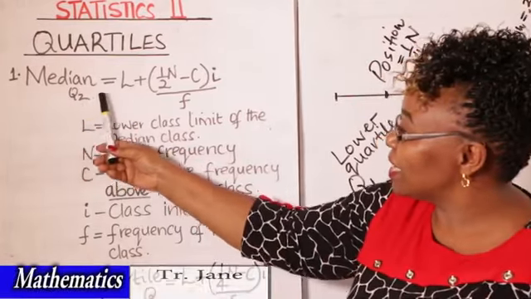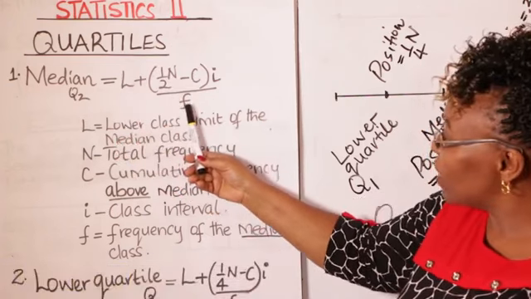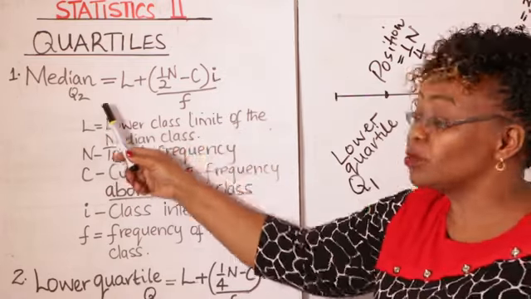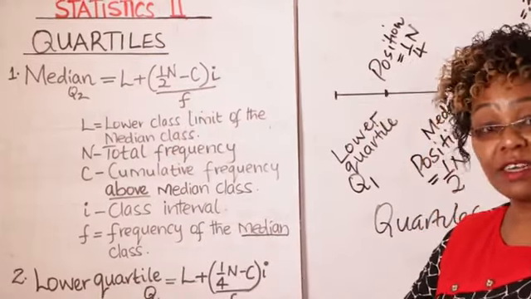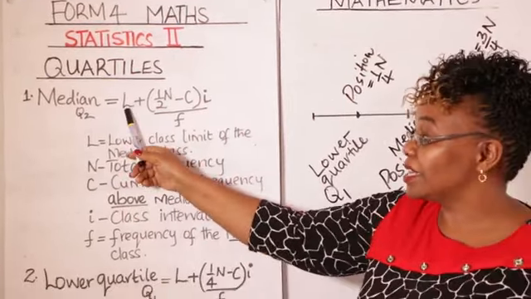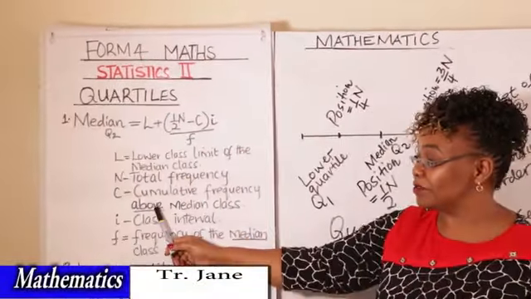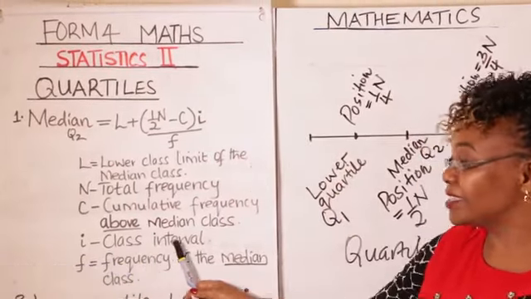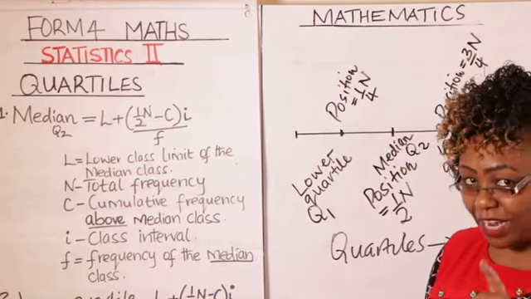Median of a grouped data is given by L plus a half of n minus C, over F, times I. Where L is the lower class limit of the median class, N is the total frequency, C is the cumulative frequency above the median class, I is the class interval, and F is the frequency of the median class. Learned all that in Form 2.